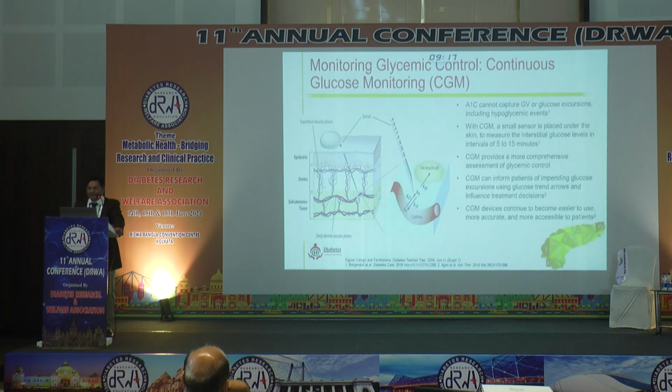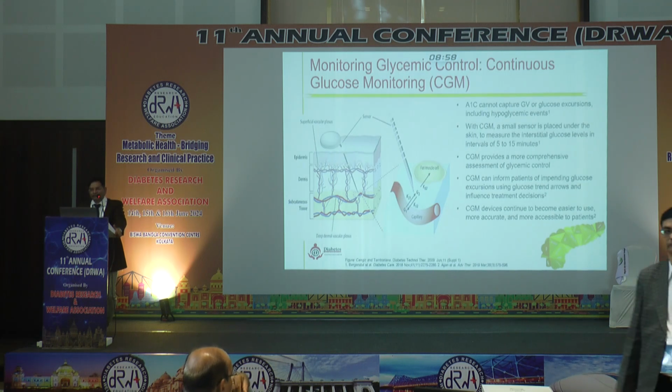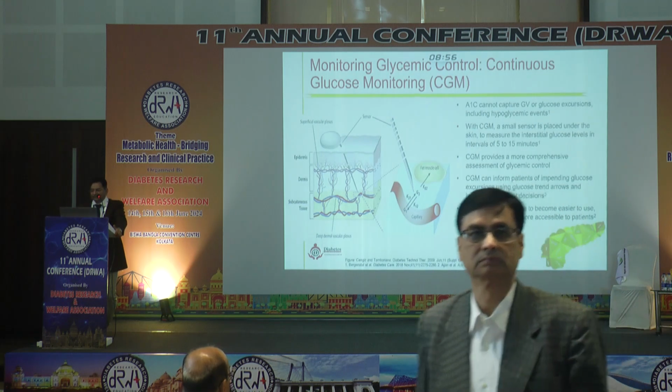So when we talk about CGM, A1c cannot capture glycemic variability and glucose excursions. In CGM, a small sensor is placed under the skin to measure interstitial glucose, and it measures either every 5 minutes or 15 minutes. The AGP which we are using now is 15 minutes. Many of the CGMs which are with the pump are every 5 minutes, and run for 7 days.